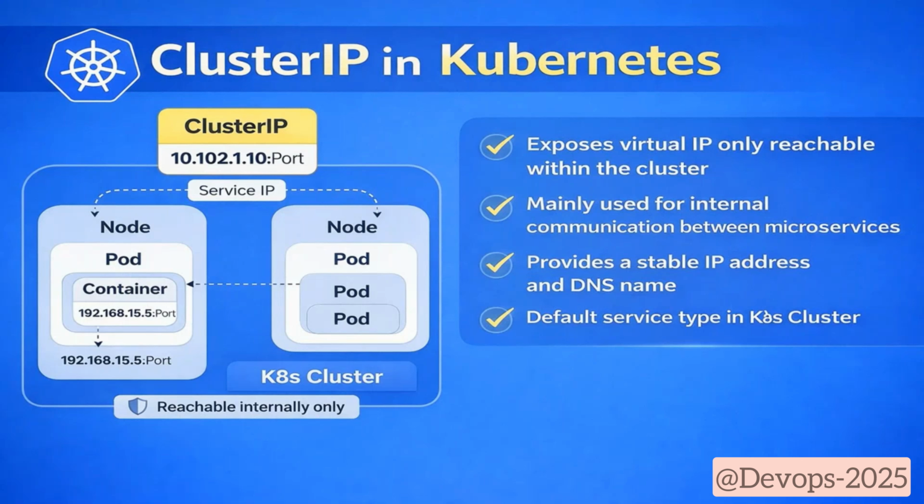Why? Because in real-time projects, pods are temporary and IPs keep changing. However, your application must keep communicating smoothly despite that. So today, we will understand what exactly ClusterIP is, why we need the ClusterIP service, how ClusterIP works internally, and then how to create the deployment and the ClusterIP service objects.